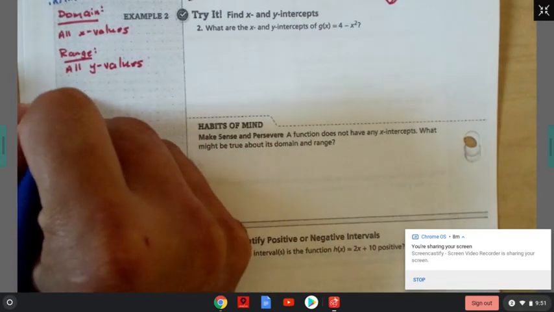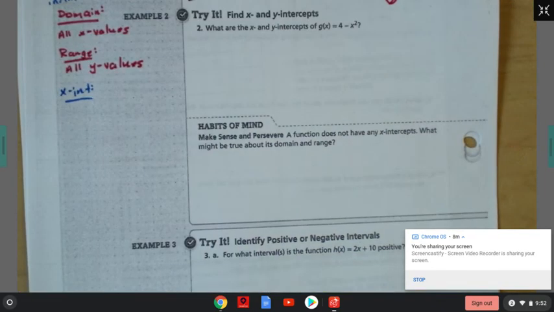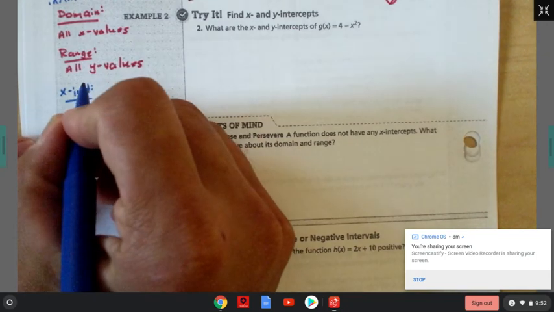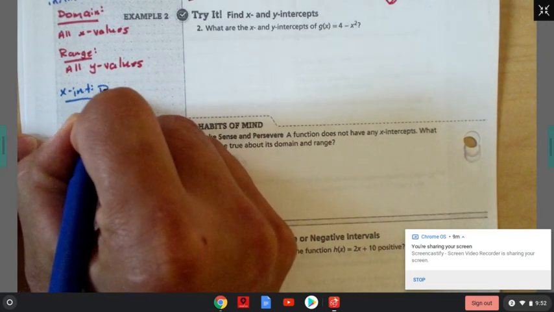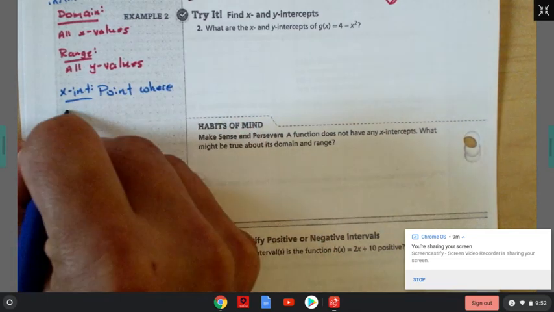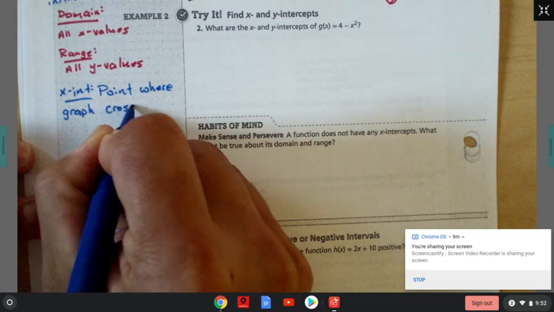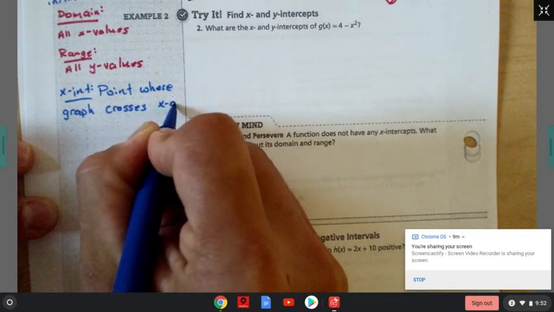Okay, x-intercept, for those of you that are into sports, if you intercept a pass in football, right, the other team gets it, so they cut it off, right? It's where it intersects, where the person has intersected the pass. The same idea here, okay? The x-intercept is the point where the graph crosses the x-axis.